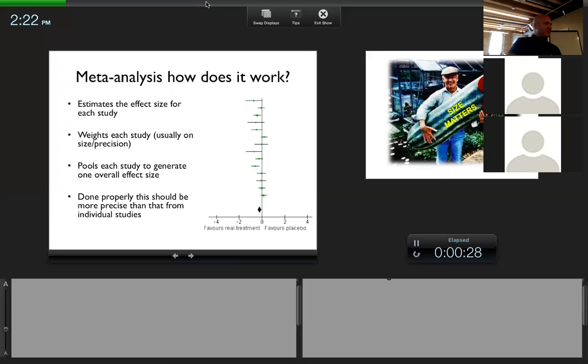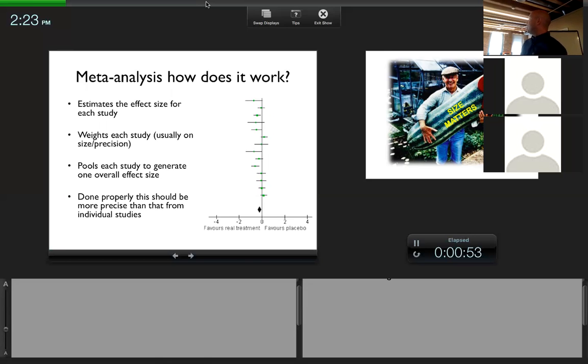Most meta-analysis approaches will weight a study directly on its precision. And of course, precision reflects the size of the study, yeah? So bigger studies, smaller standard deviation, smaller standard error, so more precise, okay? So bigger, more precise studies add more weight to the pooled estimate, and smaller, less precise studies add less weight. Done properly, that should be more precise.